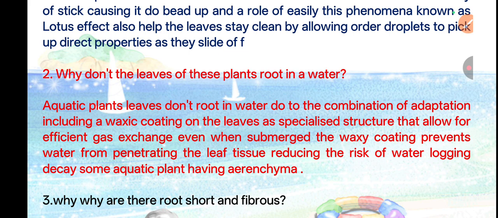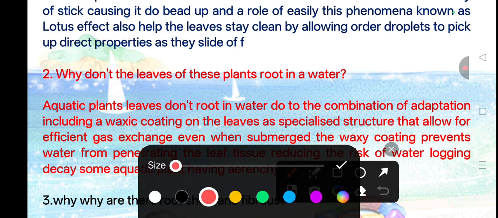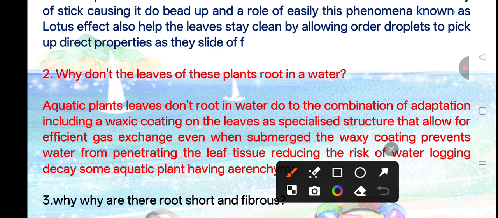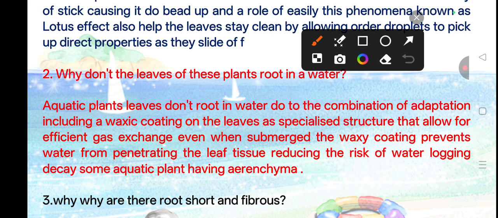So now we are discussing why the leaves of a plant do not rot in water. The aquatic plants' leaves do not rot in water because of a combination of adaptations: the waxy layer and the hydrophobic nature. These are adaptations to the surroundings, including the waxy coating on the leaves.